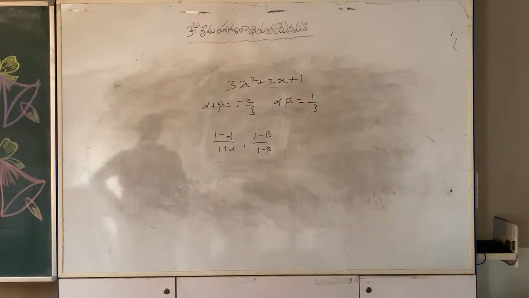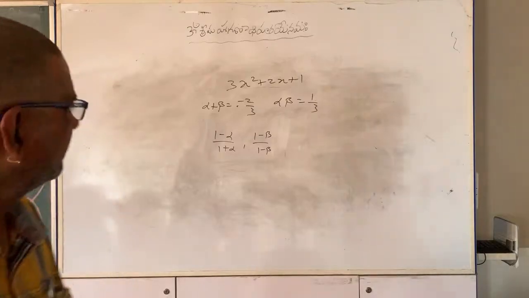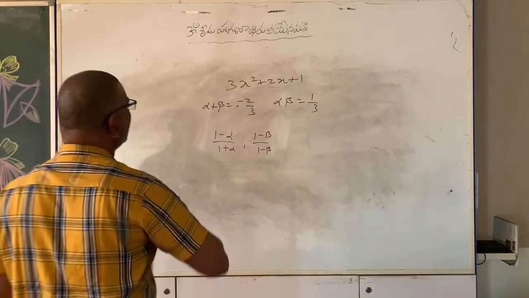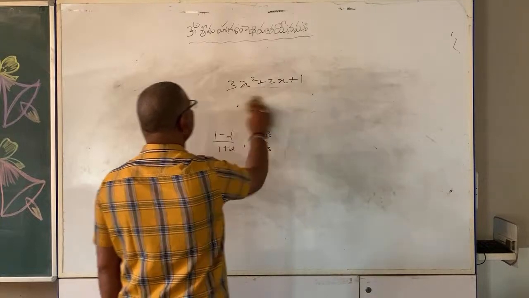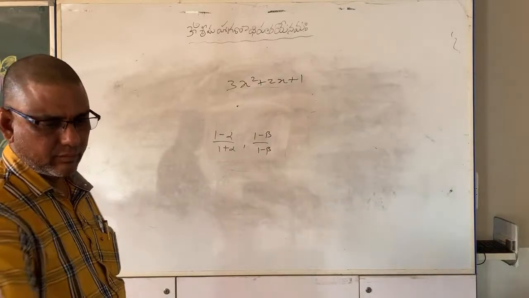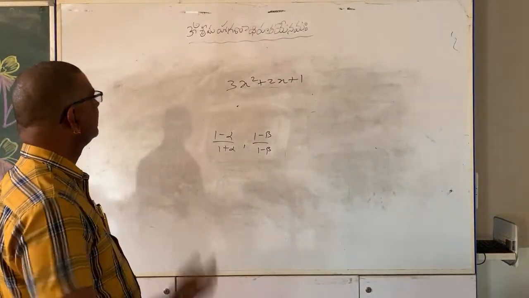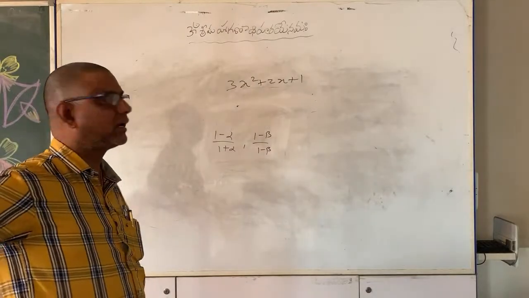First find alpha beta. So actually, we can split the middle term. 3 ones are 3. Multiply to get 3, add to get 2. Not possible, right?